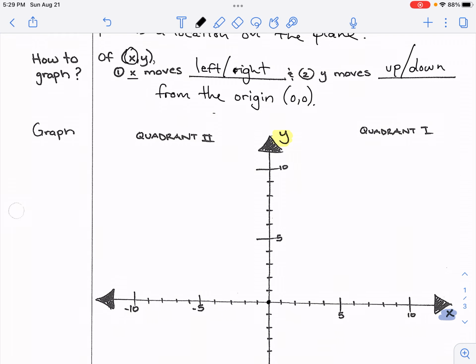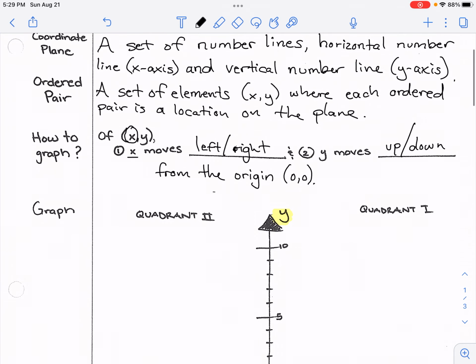This is our starting point within this plane. Something I also need to mention is left and right for the x-axis: if that first number is negative, it'll move left. If it's positive, it'll move right. And the same thing here, but up is going to be a positive direction, and down will be a negative direction.